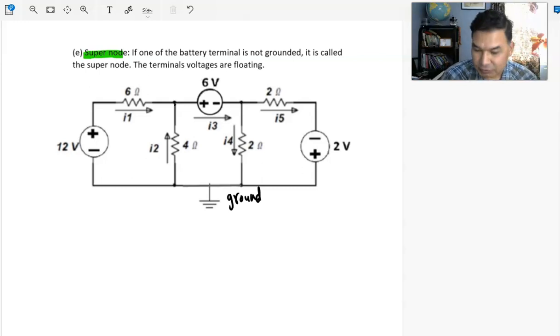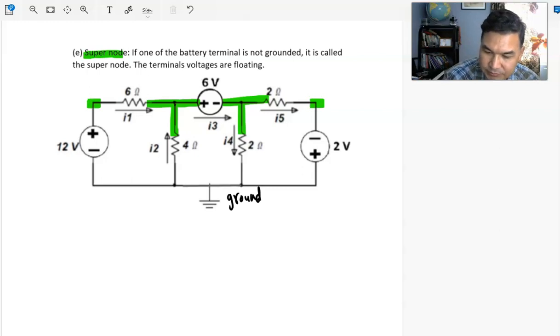Again, after choosing the ground reference voltage, your next job is to figure out the unknown node voltages. And obviously you have only two unknown nodes, because this one is known. So this one, let's call V1. We don't know the voltage here, we don't know the voltage here. But we know the condition that V1 minus V2 has to be 6 volts, but we don't know the individual nodal point voltages.